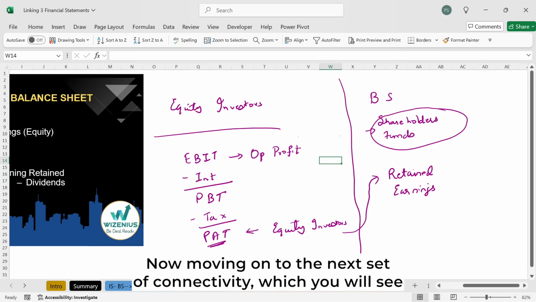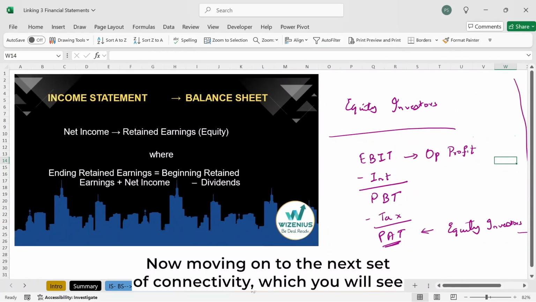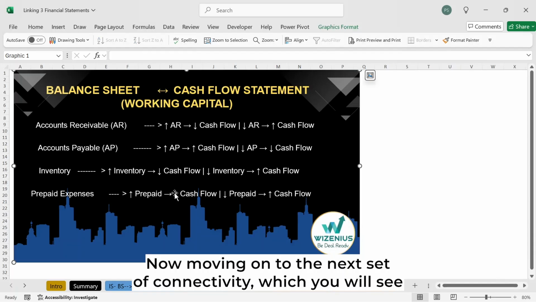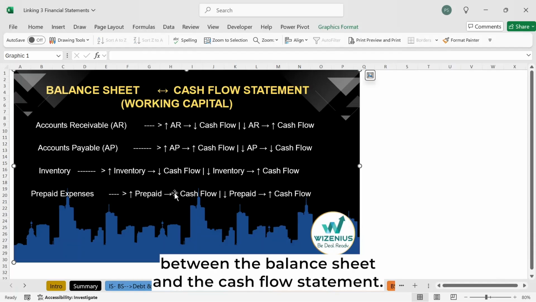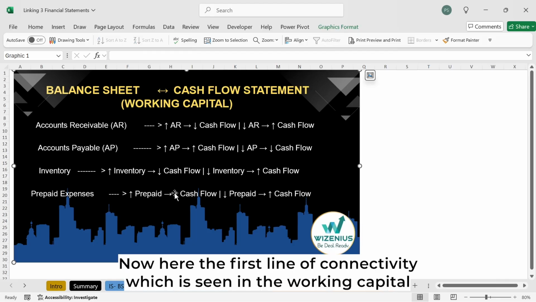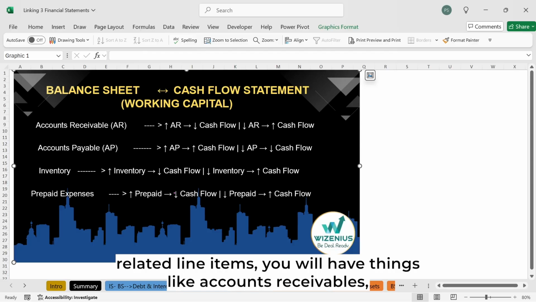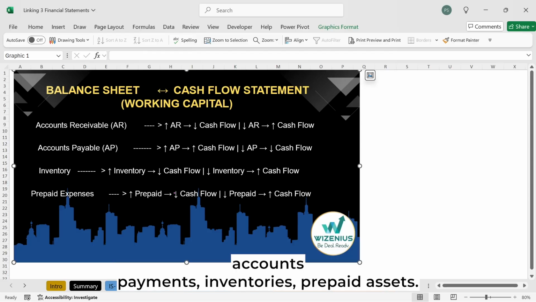Now, moving on to the next set of connectivity, which you will see between the balance sheet and the cash flow statement. Here the first line of connectivity is seen in the working capital related line items. You will have things like accounts receivables, accounts payables, inventories, prepaid assets.